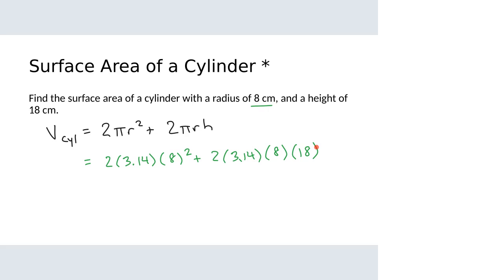Just like before, we've got to do exponents before we multiply. So this will be 8 squared, which is 64, plus 2 pi r h. And now I have multiplication and addition still to go. Multiplication goes first.